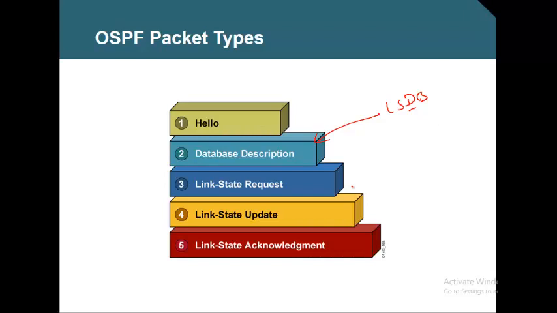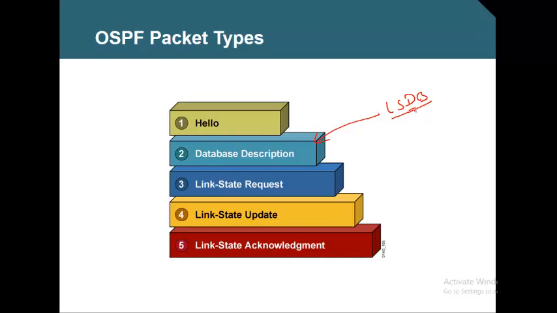You know about link state request. Detailed topology information is saved in a database called LSDB. We learned that in the previous class. Every router will have LSDB, but when they share with the neighbor, they don't share the LSDB.